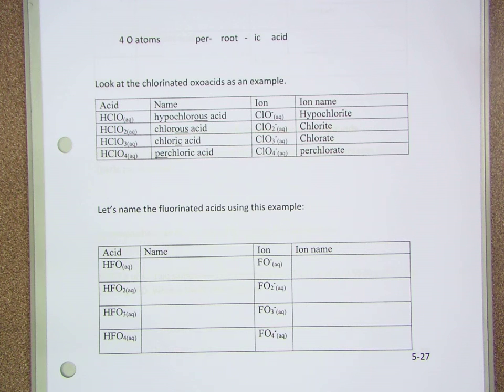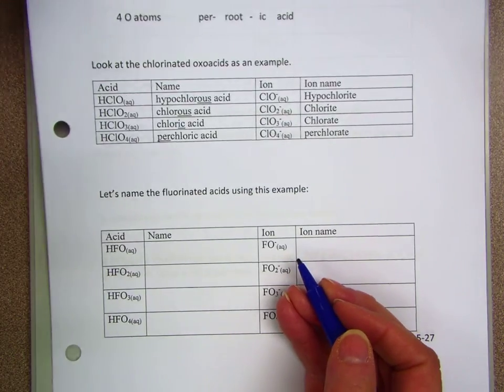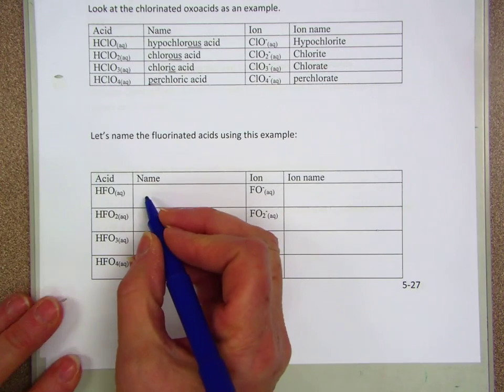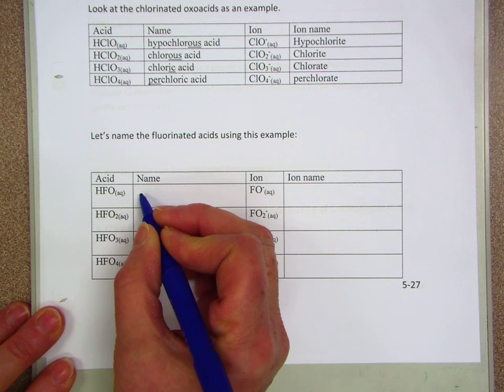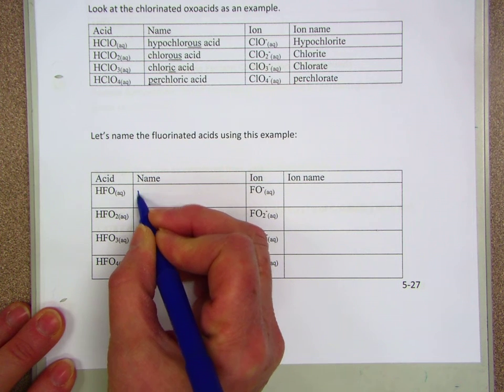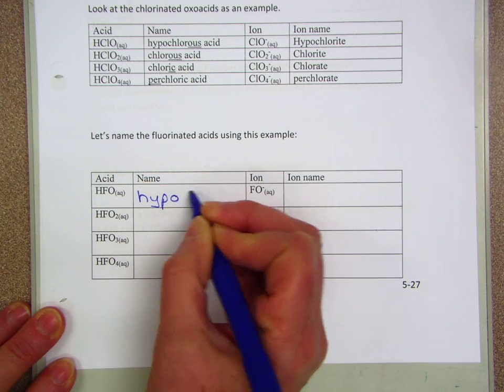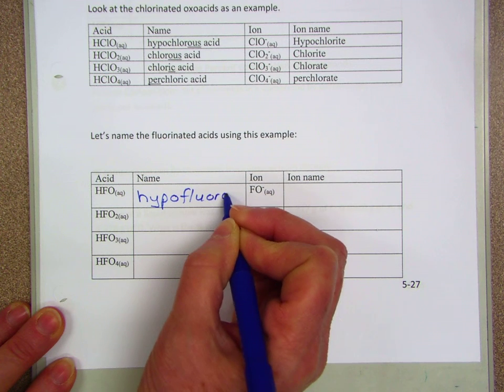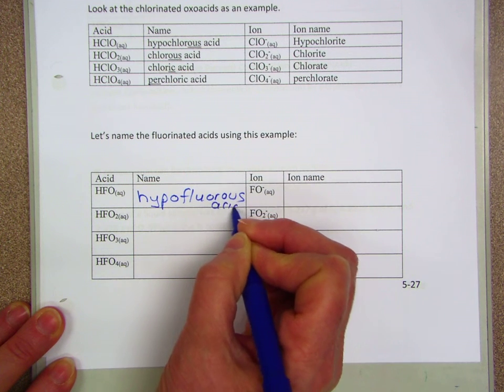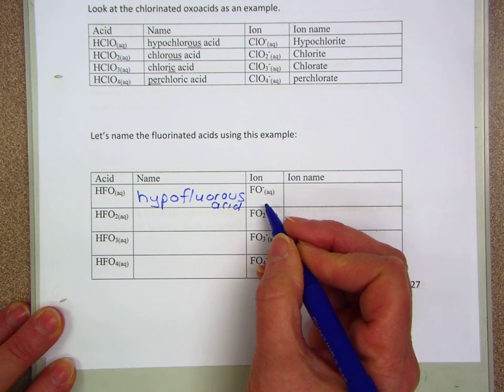So now let's go ahead and we'll just go around the room again, filling in the fluorinated acids. Cassandra, we'll start with you. HFO, aq. Hypofluorous acid. And what would you name this ion, Terry?